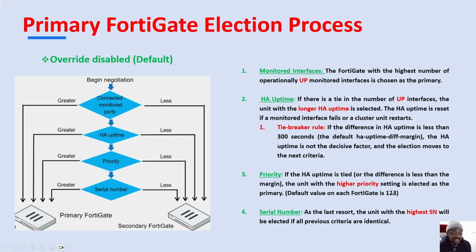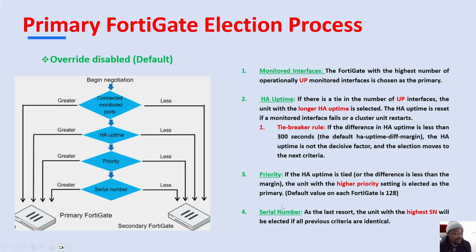Priority gives you the possibility to modify, because by default it is 128 for each FortiGate. It means if you go on one of the FortiGate devices and change this value, maybe let's say to 129, the FortiGate now will have a higher priority, and in that case that FortiGate device will become the primary.